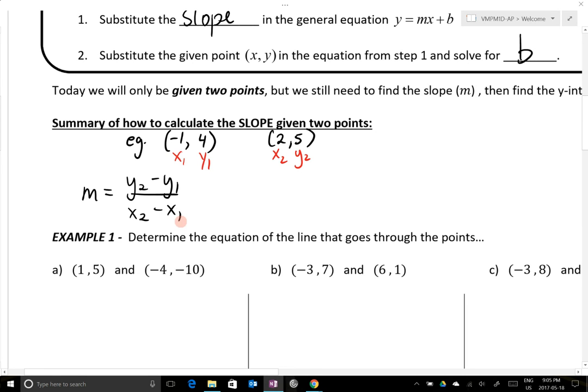Substitute your values: the slope is 5 minus 4 divided by 2 minus -1. 5 minus 4 is 1, and 2 minus -1 is 2 plus 1, which is 3. And there's your slope.